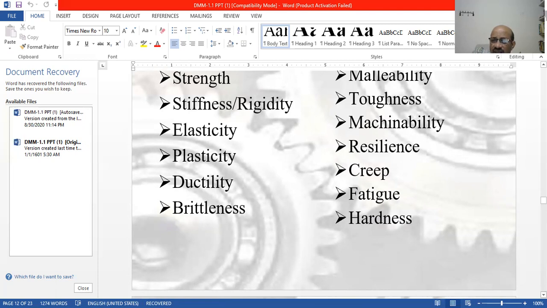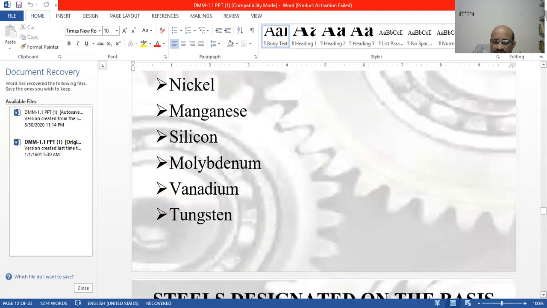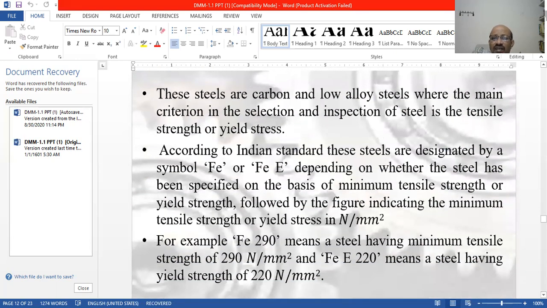All these things we have to discuss. So whenever we are designing a product, we have to test the tensile strength of the material.